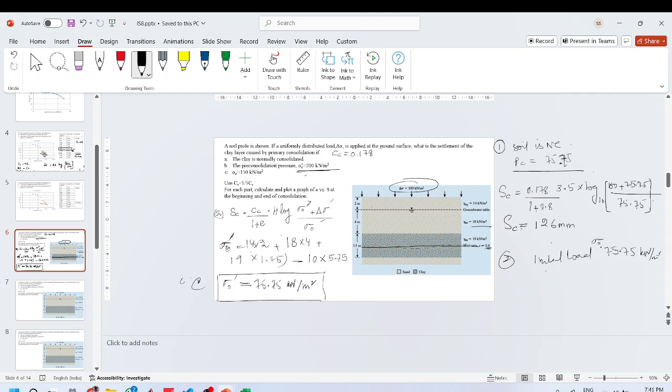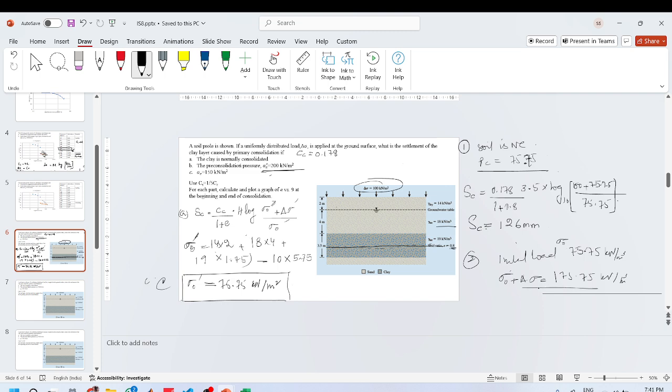This is sigma naught. Sigma naught plus delta sigma is 175.7 kilonewton per meter cube. And this still is OC soil.